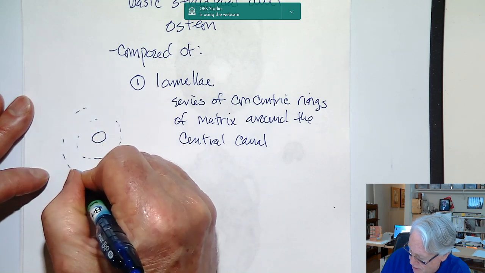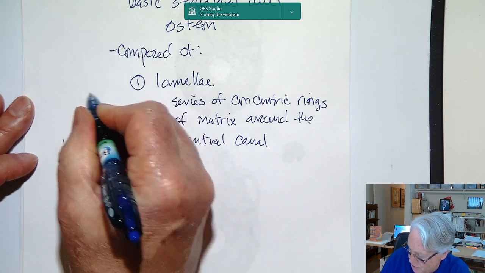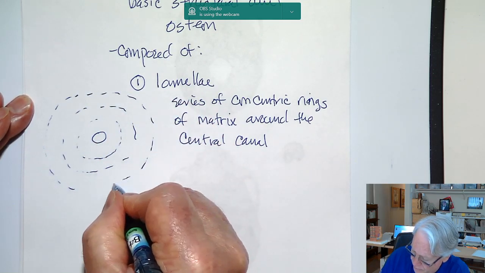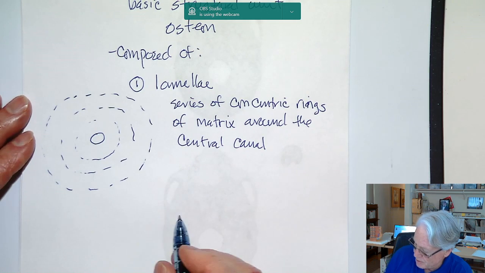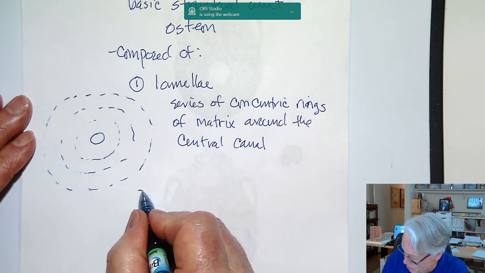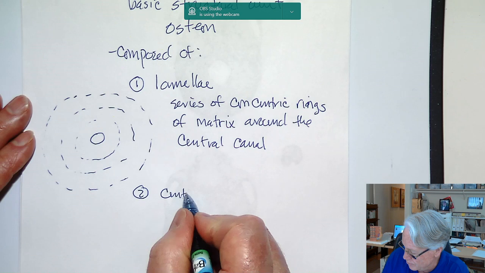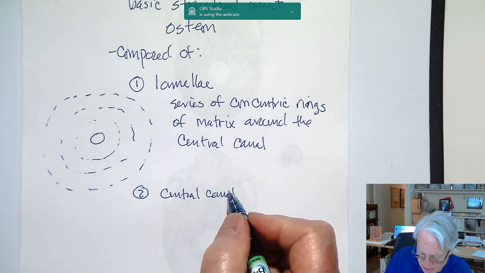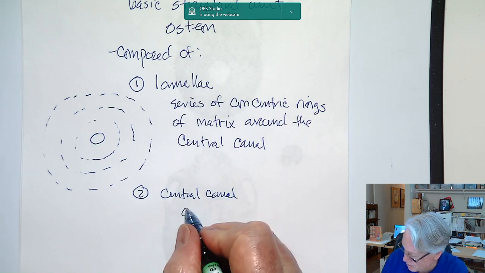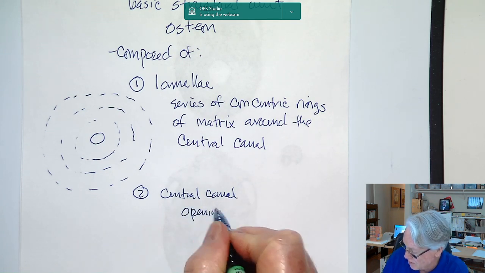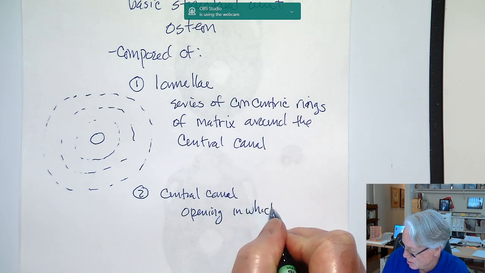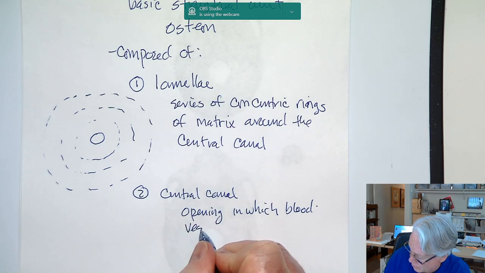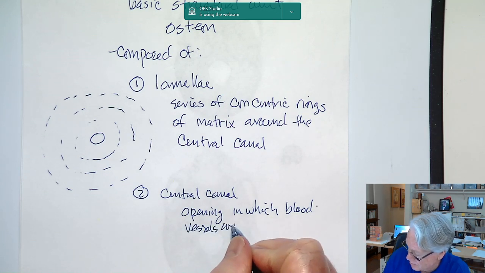And we're going to go ahead and put in a couple of these rings. So this is my central canal, and so that will be number 2. The central canal then is an opening in which blood vessels are located.